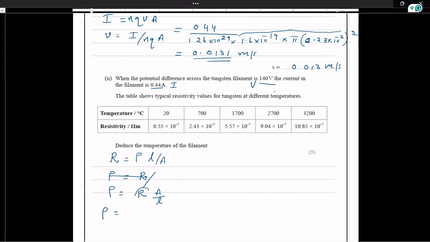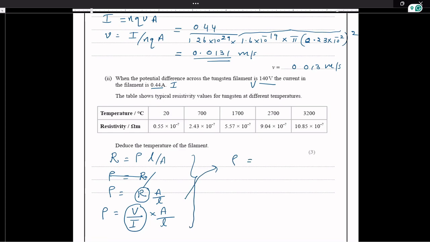Instead of this resistance, I'm going to use the equation V over I, multiplied by A over L. From here, I can calculate the resistivity.